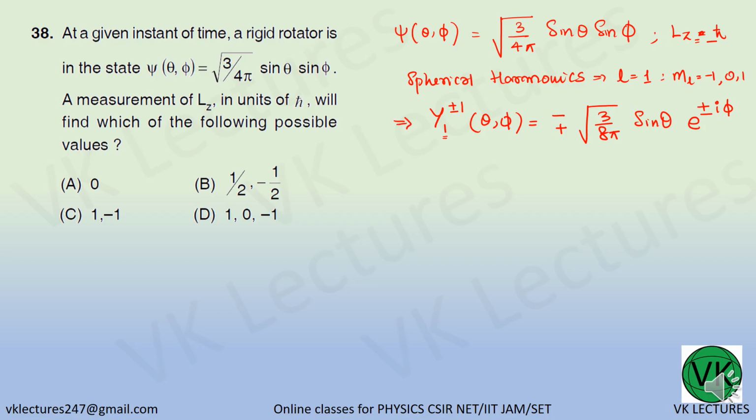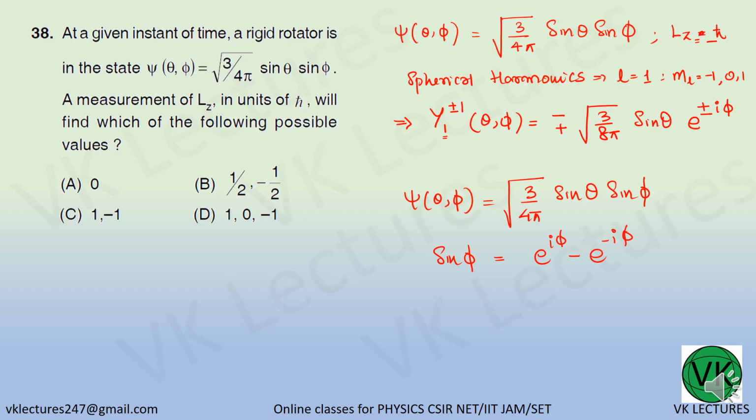Now from the question we have psi of theta comma phi equal to root of 3 by 4 pi, just rewriting the question, sine theta into sine phi. Now let us rewrite what is sine phi. Sine phi, exponentially we can write, e to the power i phi minus e to the power minus i phi divided by 2i.